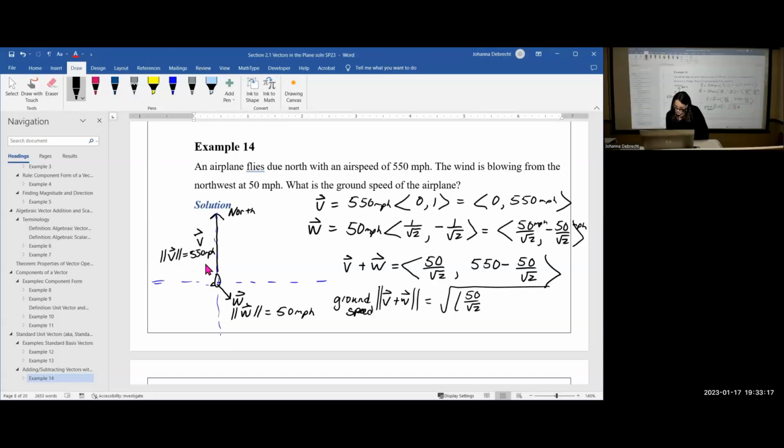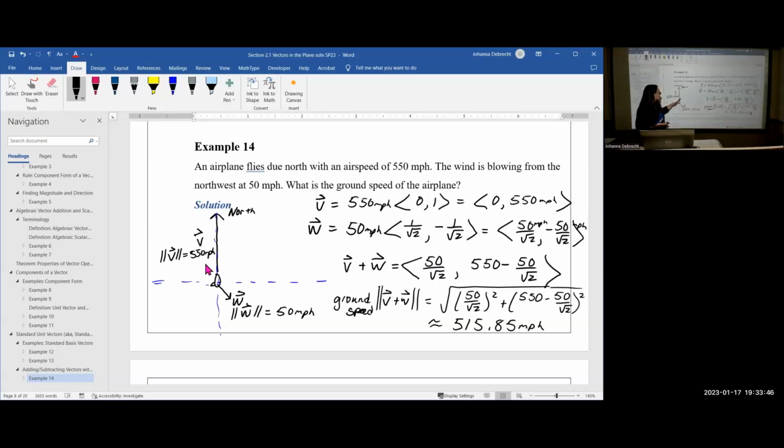I recommend that you keep a scientific calculator handy so that you can use the calculator to do the more difficult arithmetic so you don't have to do it by hand. And when you work that out, you're going to come up with approximately 515.85 miles per hour. So the wind speed of 50 miles per hour slowed it down quite a bit.